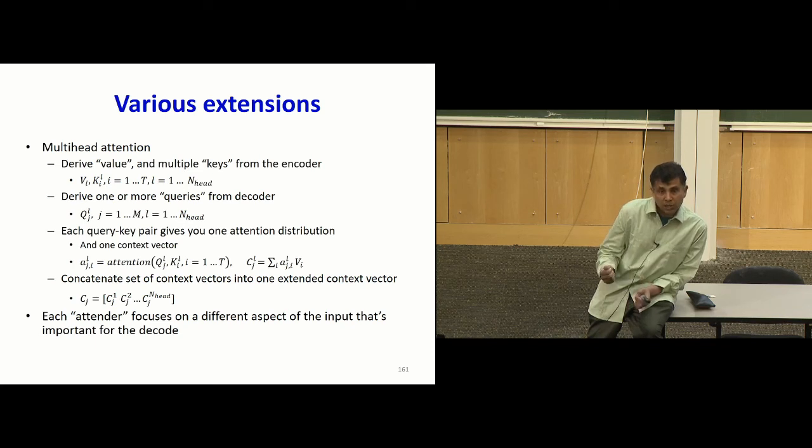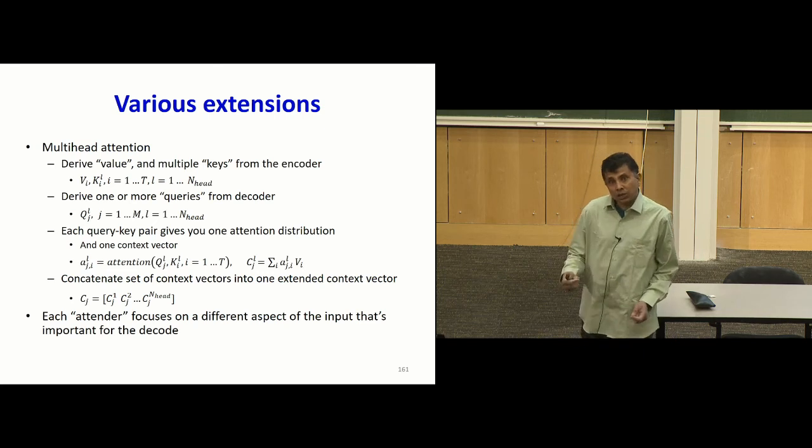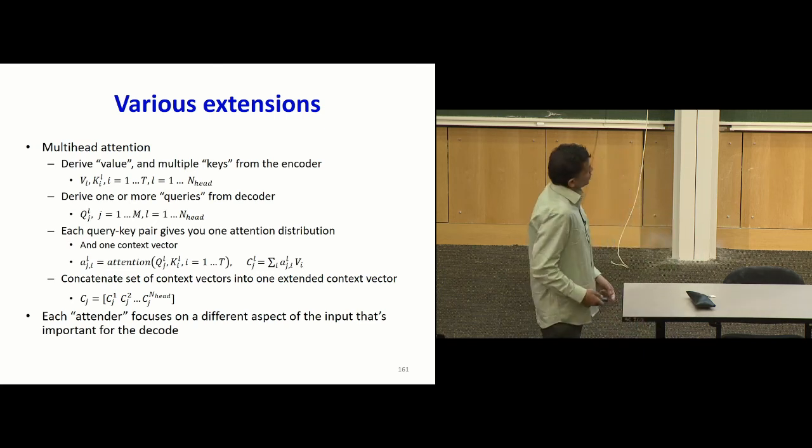What you could actually do is to compute these weights using multiple functions, and each of these functions will give you a slightly different weight, and you could compute different context vectors using these different sets of weights. And so now you'd get a collection of context vectors which you could feed into your decoder.